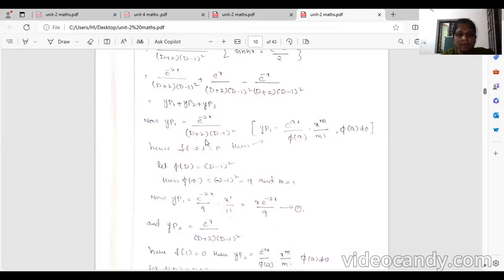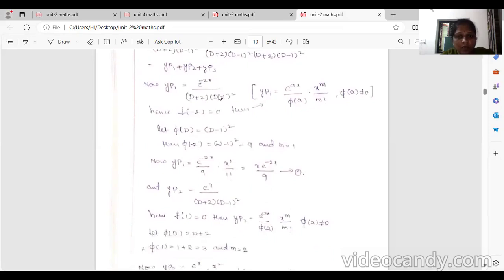Proceeding with the failure case, it is already converted into factors. Whenever we substitute D = a, the remaining factor must not be equal to 0, that is phi(a). The factor that becomes zero, how many times it is repeated, that is m. So here with D = -2, this factor D+2 is 0.